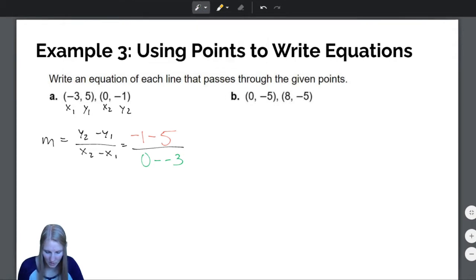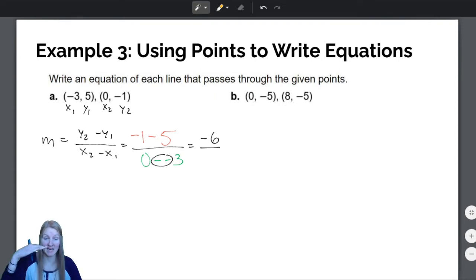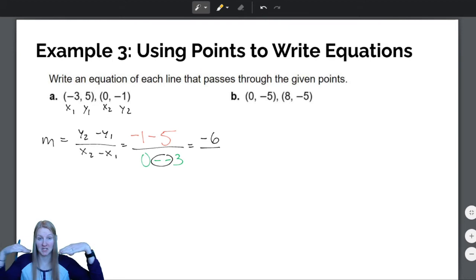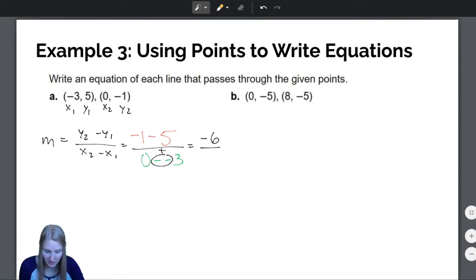Okay, so negative 1 minus 5. So I'm already negative and I'm getting more negative, which means I'll do 1 plus 5, which is 6. So I have negative 6 over 0 minus negative 3. Remember, minus negative come together and become positive. So 0 plus 3 is 3.